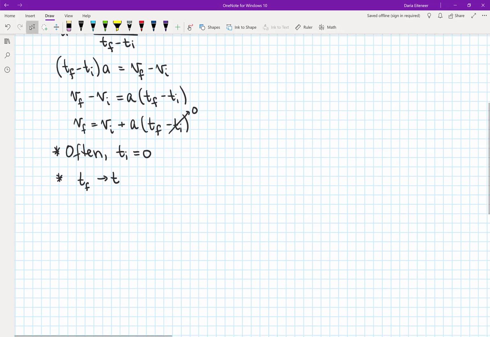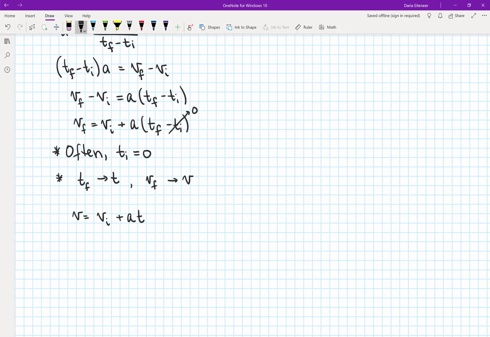And along the same lines, I'm going to rename v final into just v, because again, my goal is to be able to describe motion at every point. So then this equation becomes v equals v initial plus a times t.